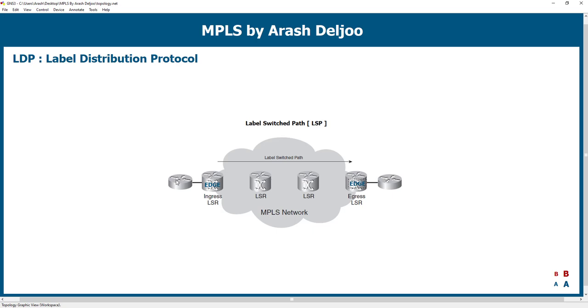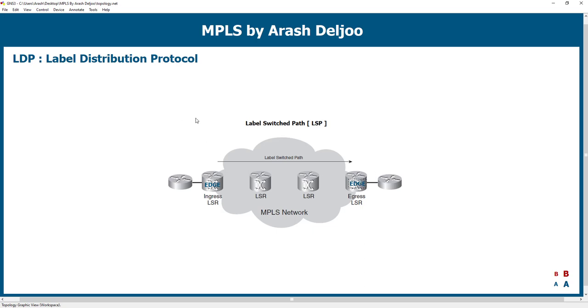The traffic is received from one edge LSR and forwarded into the MPLS domain with a label, or maybe 2 or 3 labels, and after that the packet is forwarded to the other LSRs, and finally reaches the egress LSR, and then the packet goes out after removing the labels.